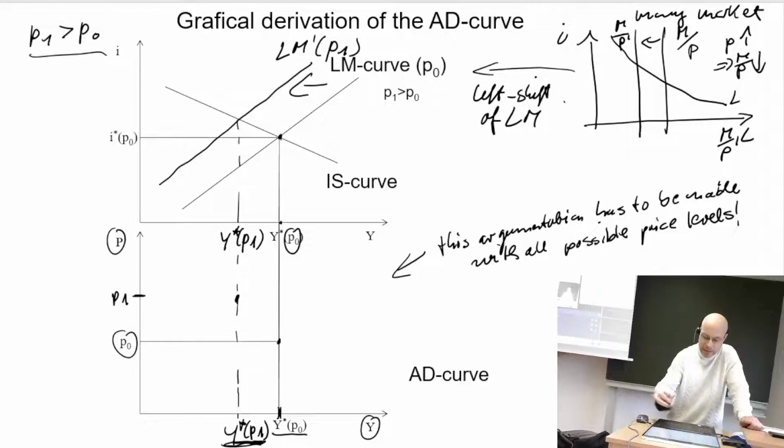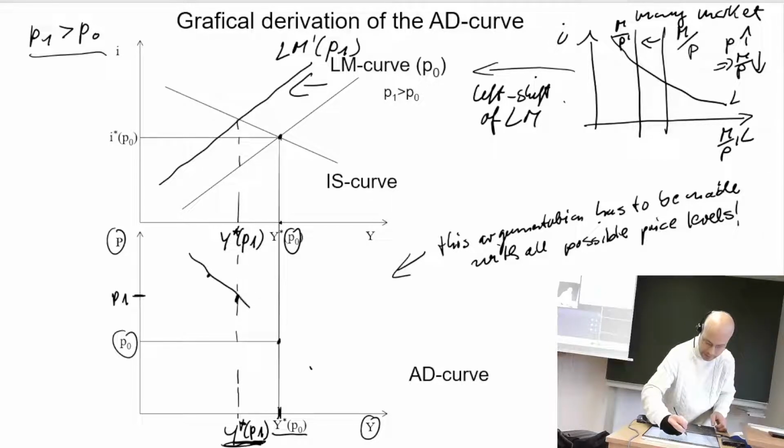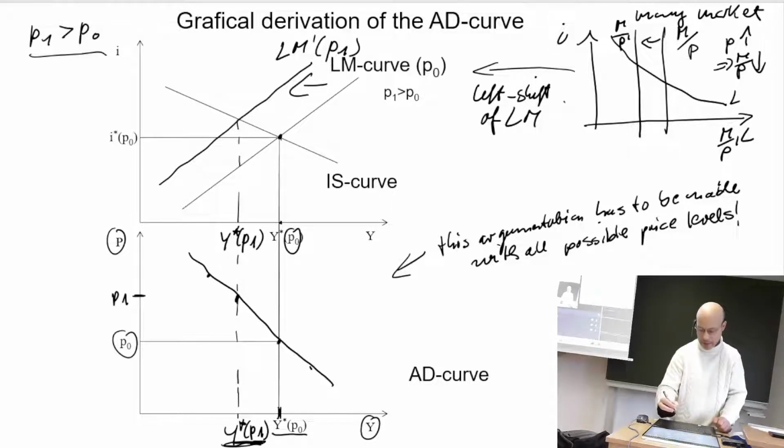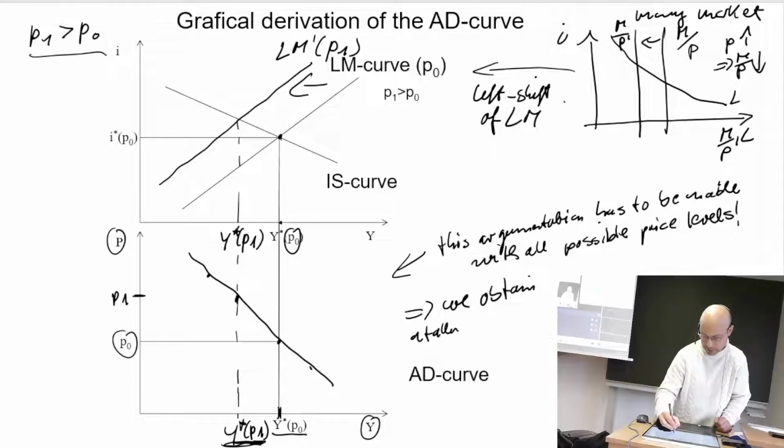And what we then obtain is, of course, some point above and below, and then we have to move to all possible prices, and what we then obtain is this falling aggregate demand curve. We obtain a falling aggregate demand curve in prices.